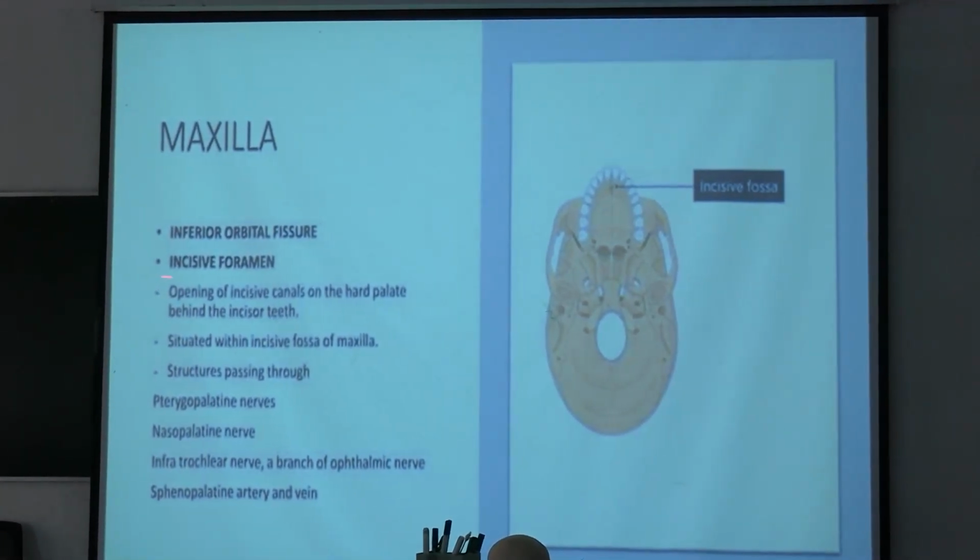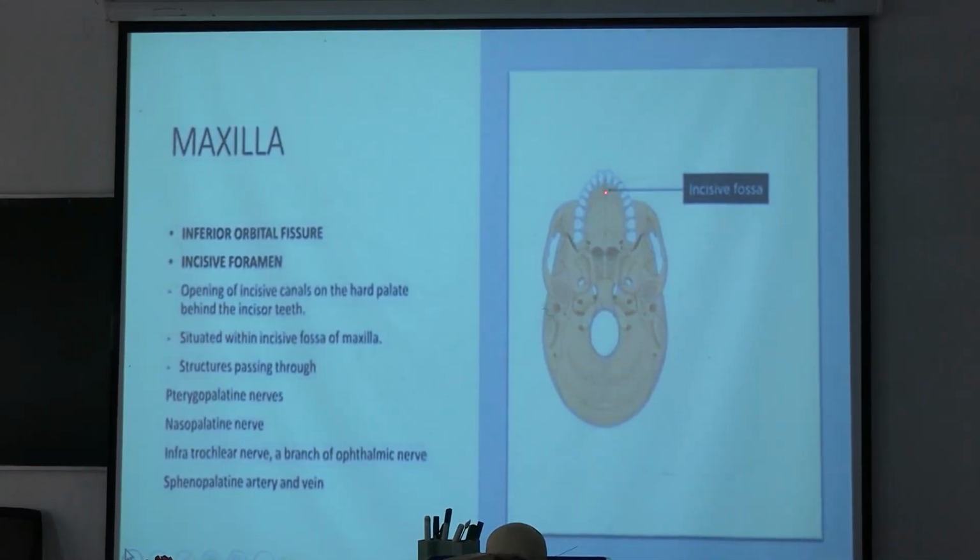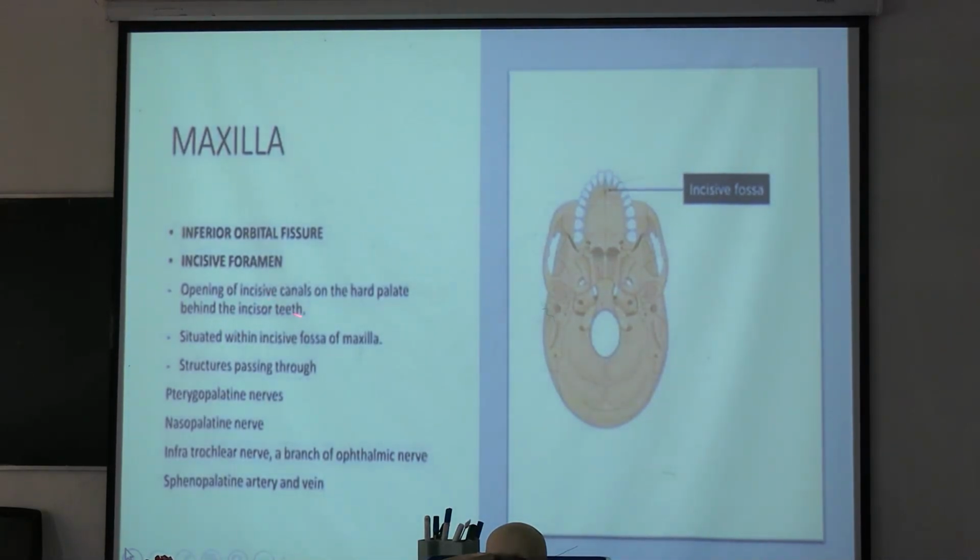Next, we are going to the incisive foramen. Here is the location of the incisive foramen in the hard palate, the anterior part of the hard palate, posterior to the incisor teeth. The opening of the incisive canals on the hard palate behind the incisor teeth is known as the incisive foramen, and it is situated within the incisive fossa of the maxilla.